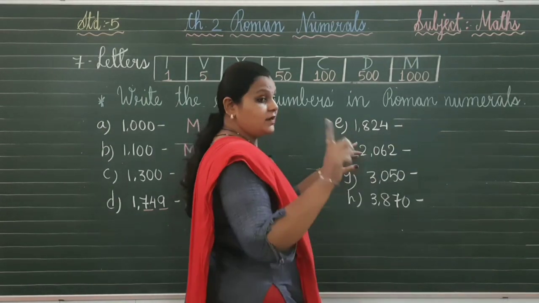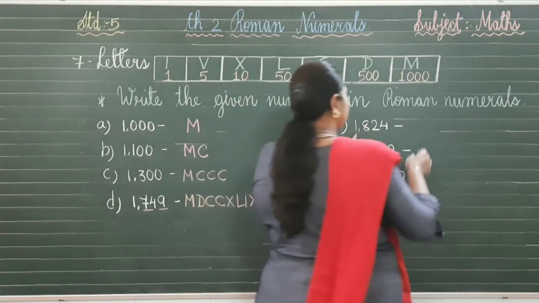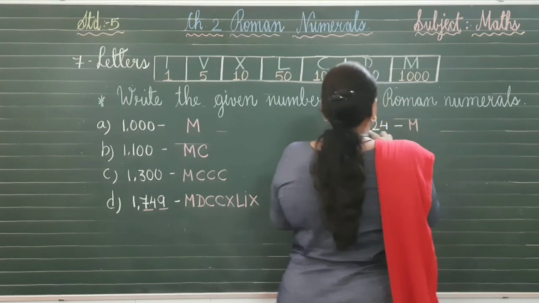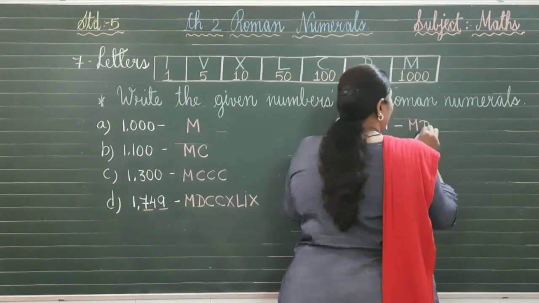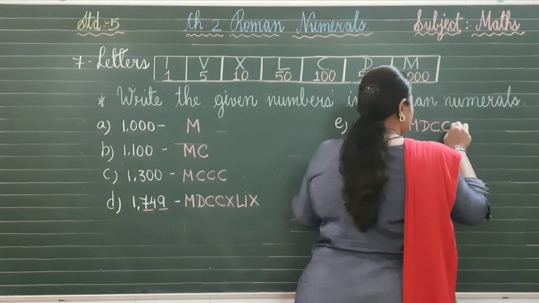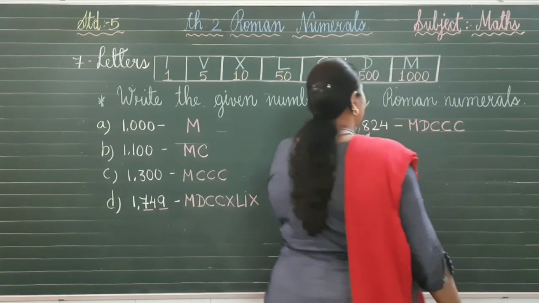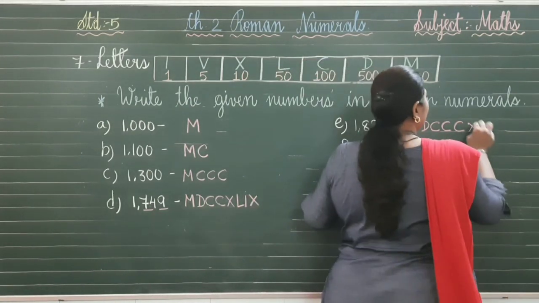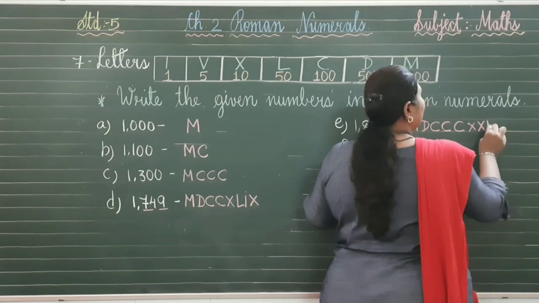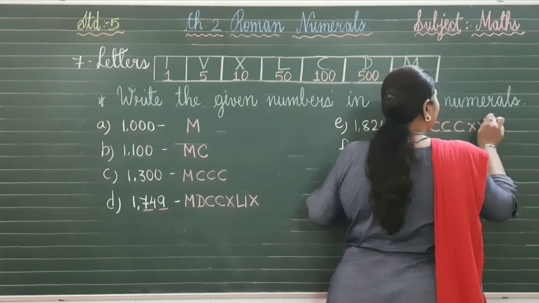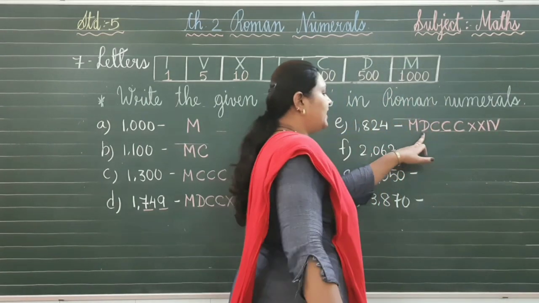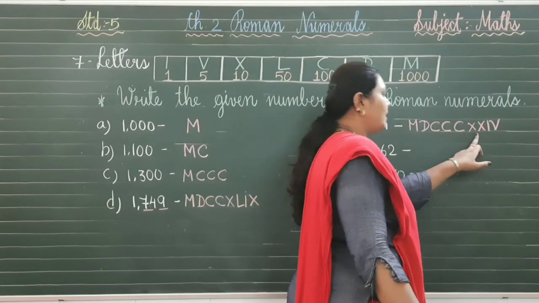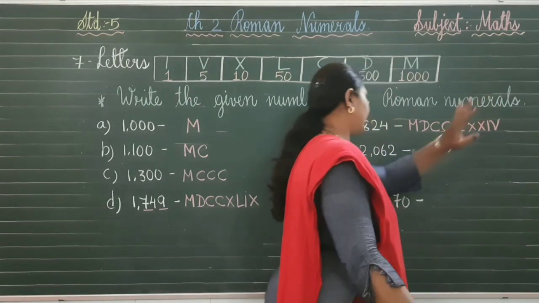Okay. Now next. 1824. First divide the number. 1000 means M. 800 means 500, 600, 700 and 800. 20, double X. 4, IV. So MDCCXXIV.